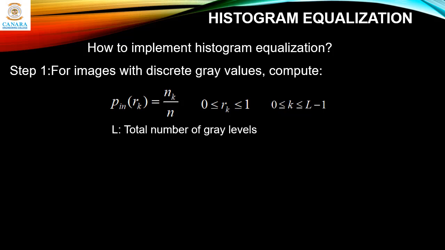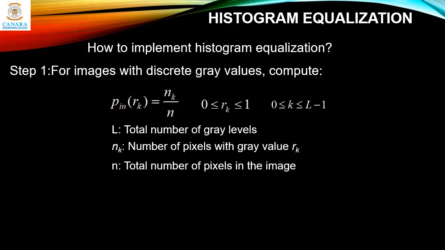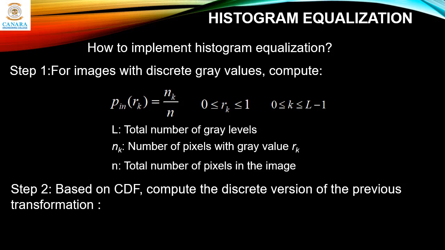Here L is the total number of gray levels, Nk is the number of pixels with a particular gray value Rk, and N is the total number of pixels in the image. The second step is we need to compute the discrete version of the previous transformation based on the CDF, which is given by Sk equal to T of Rk, which is equal to the summation of P in of Rj, where j varies from 0 to k, and k lies between 0 and L minus 1.